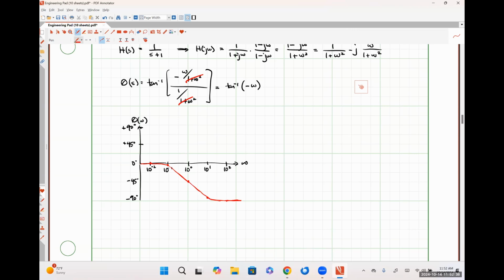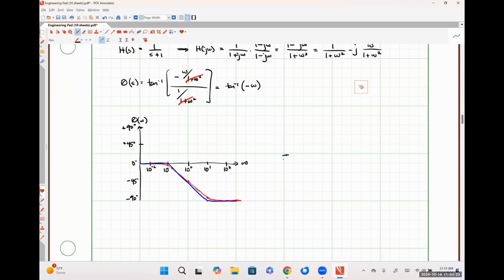Our straight line approximation is effectively just 0 until we hit a decade before, a straight line through 45, hits negative 90, and it's going to stay negative 90 for all frequencies after, right? So effectively, we should see our transition from 0 to 90 starts a decade before, and it ends a decade after our pole frequency.